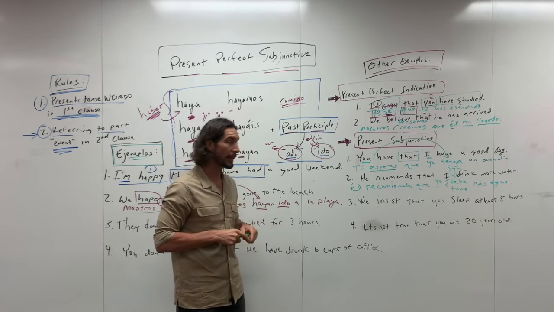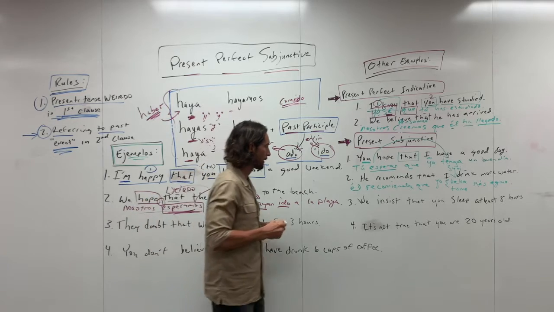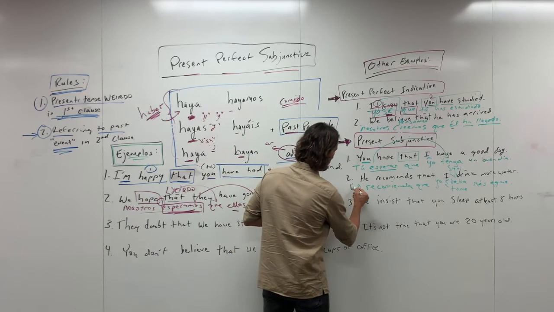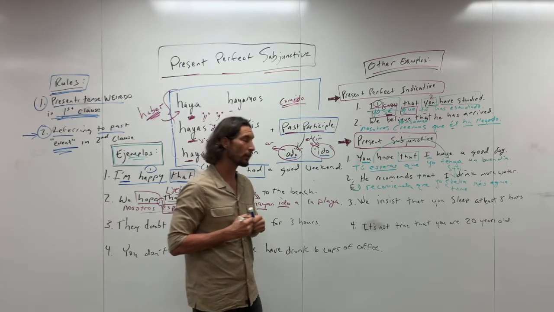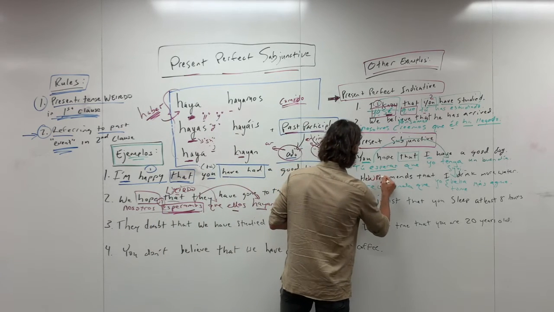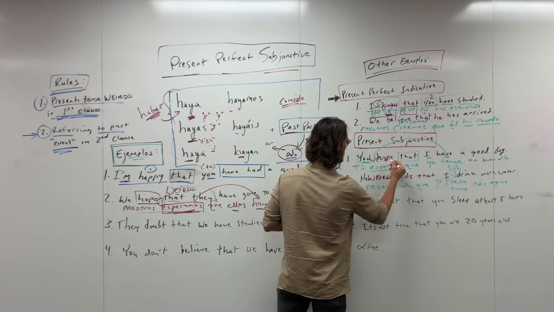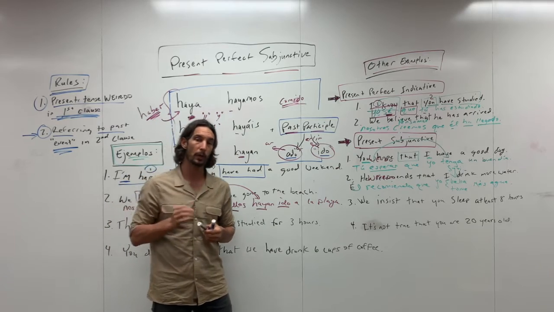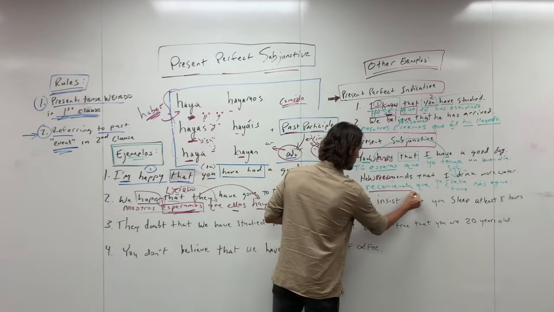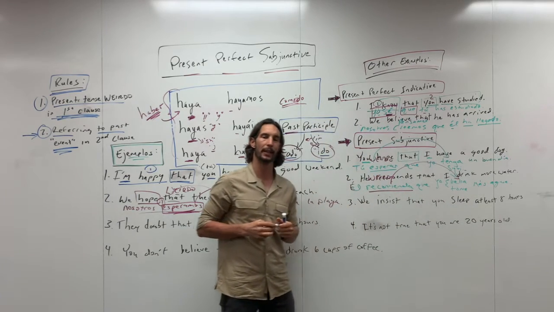And so, again, just to reiterate, él recomienda, that's a weirdo, right? Here's a weirdo, right here. Because there's a weirdo in the first clause, it is obligating us to use the subjunctive in the second clause.